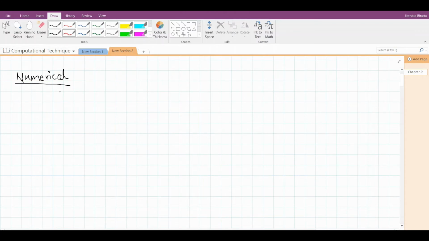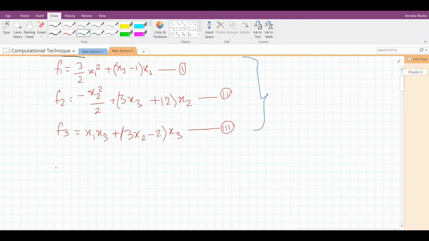Let's say you are given 3 equations to solve. What I have to find first is the gradient of these functions.